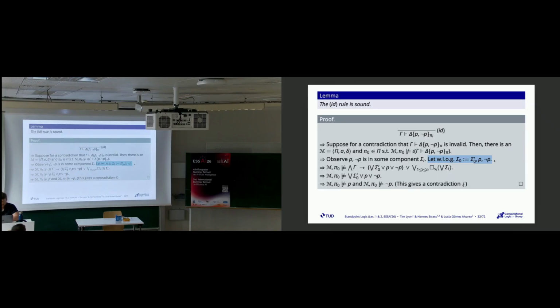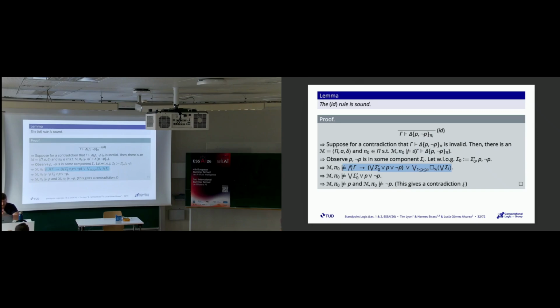So let's assume that the root component, denoted sigma naught, contains P and not P. Then using this line from above, that the formula interpretation is false on M at pi naught, we know that this formula, which is equal to the formula interpretation, is false on M at pi naught.